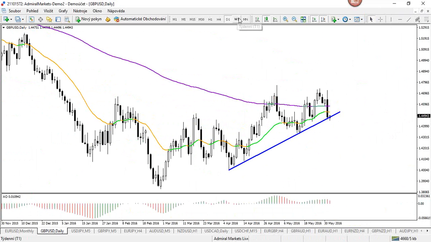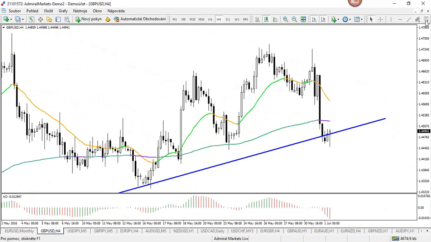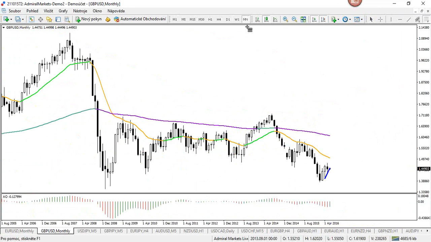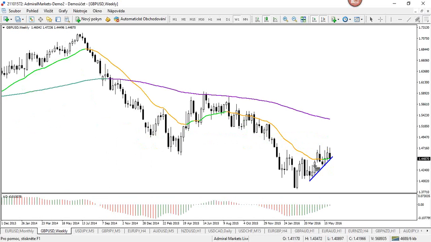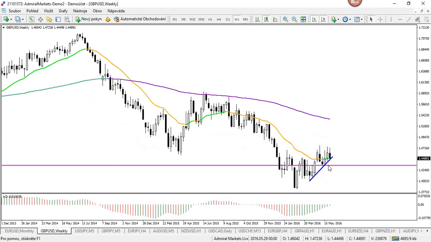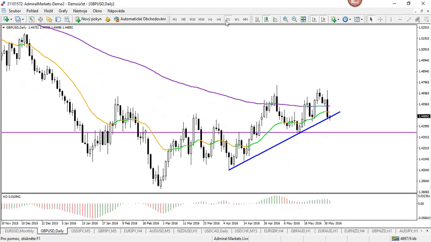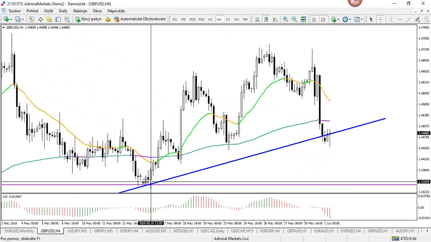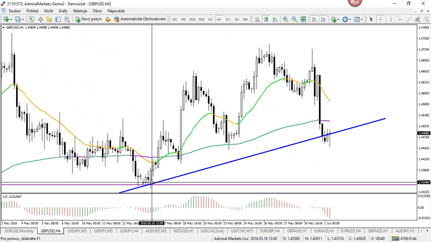But considering the weekly and monthly, it doesn't, for the moment, look like a very strong reversal. It looks more like a retracement, actually. This bottom could be key, for the long term at least.